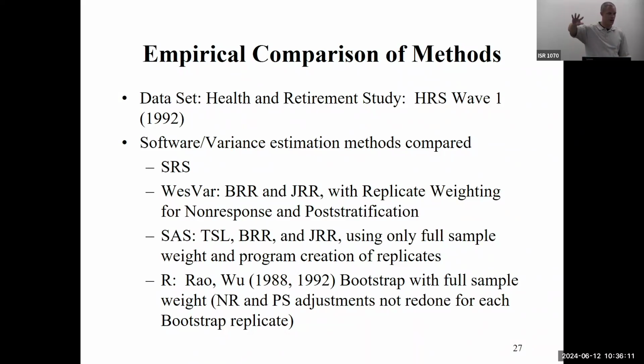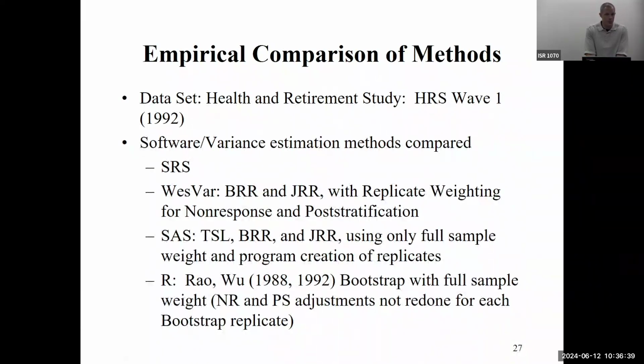So no additional calibration, no additional non-response adjustment, just the default adjustments in the formation of each replicate weight, okay? So the interesting comparison that I wanted to see was between these two approaches. Does it make a difference if you also calibrate each replicate weight? And then finally, in R, we looked at that Rao-Wu rescaling bootstrap using the full sample weight, where again, we didn't redo those adjustments for each of the different replicates.